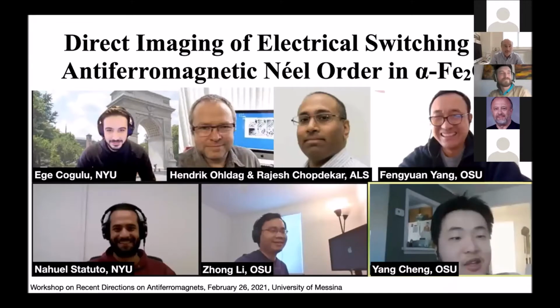I'm representing a team that consists of Ohio State University and Yang's group, who made these beautiful epitaxial samples. We're working with Hendrik Oldeg and Rajesh Chadekar, who are at ALS and who are experts at PEEM imaging and other techniques, particularly on studying antiferromagnets.